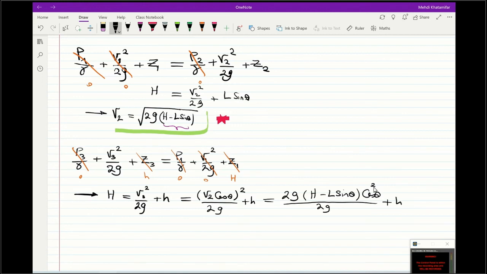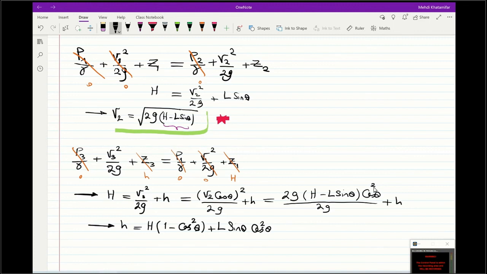So we cancel the 2g's, therefore small h is going to be, because the question asks for the height of the water at point 3, so I'm writing everything in terms of the small h, h times (1 minus cosine squared theta) plus L sine of theta cosine squared theta.